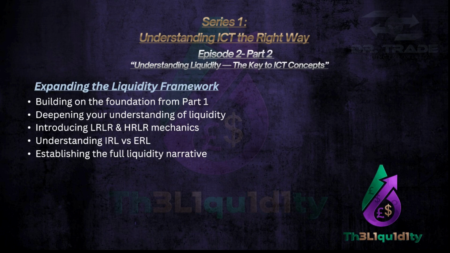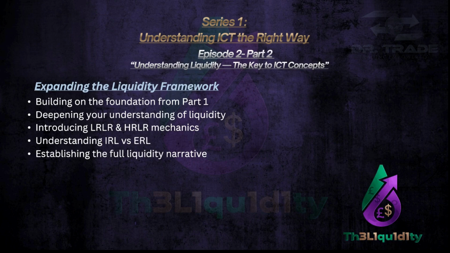Fourth, we'll break down internal and external range liquidity, or for short, IRL and ERL. Internal liquidity is consumed inside the range, and external liquidity is targeted, waiting outside of it. This distinction guides the entire delivery process.